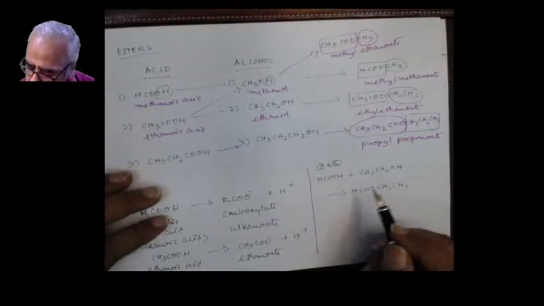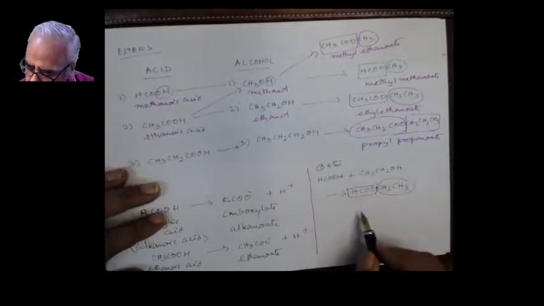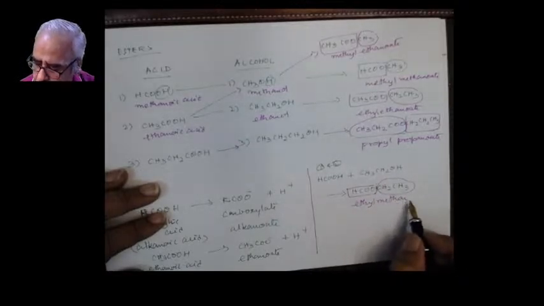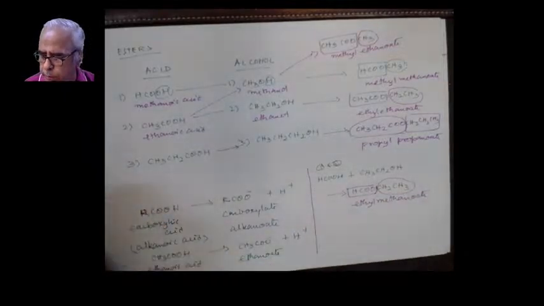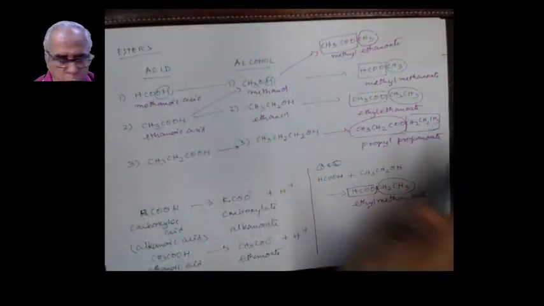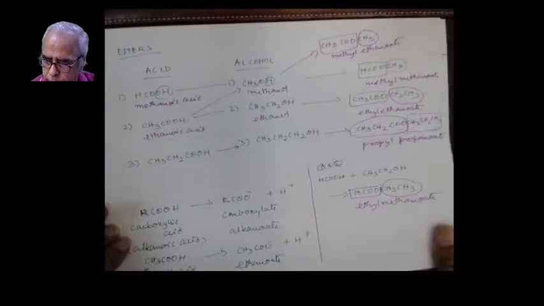This is methanoate and this is ethyl. So it should be called ethyl methanoate. So likewise we can have various combinations, but you have to be very careful about the nomenclature of these esters.